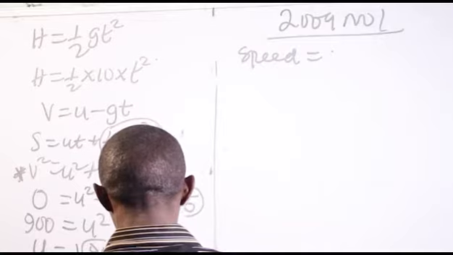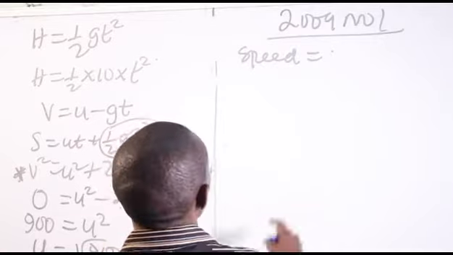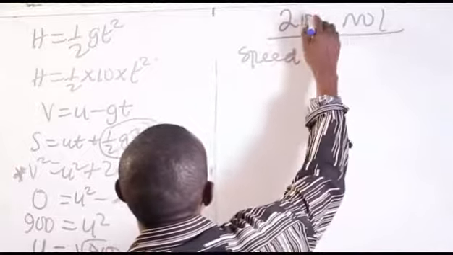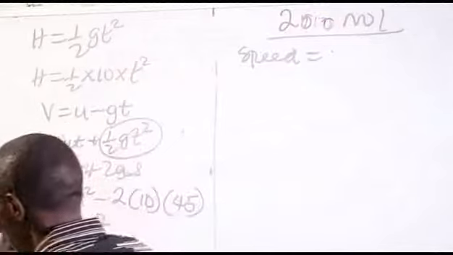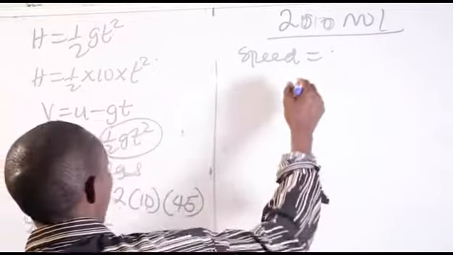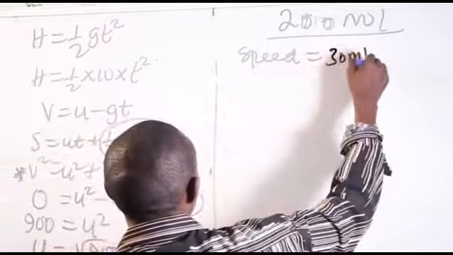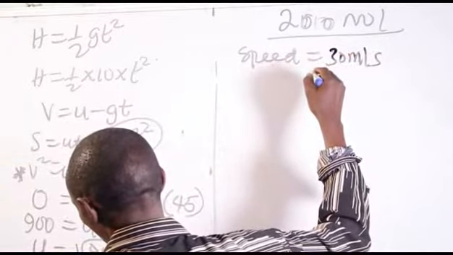Determine the maximum height reached from the ground. It's 2010 number one. A stone is projected with a speed of 30 meters per second from the top of a tower.